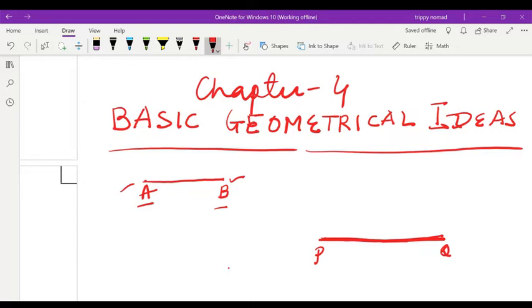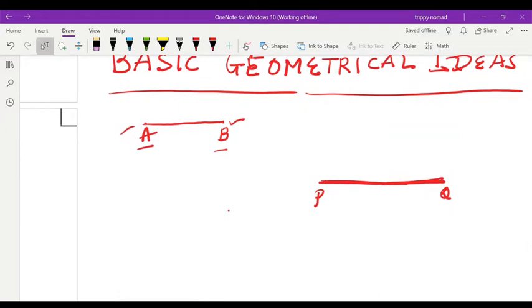And then what is a line? Children, if I can extend this line segment in both directions, if I can extend this A and B line segment beyond point B as well as point A, then this is called a line AB.